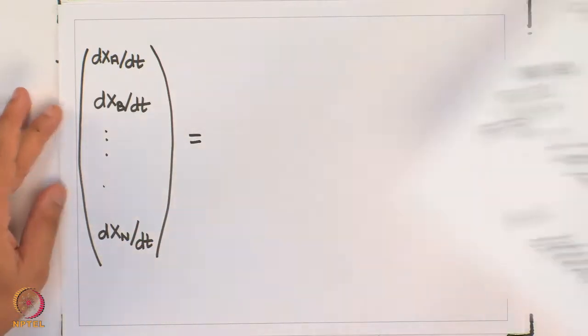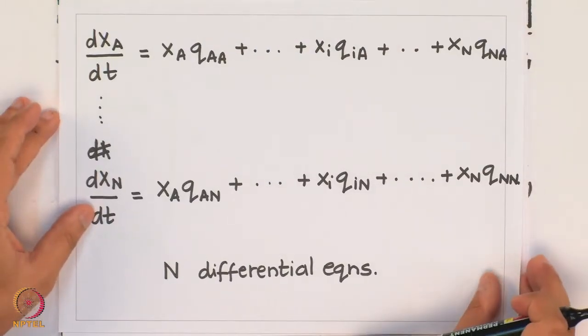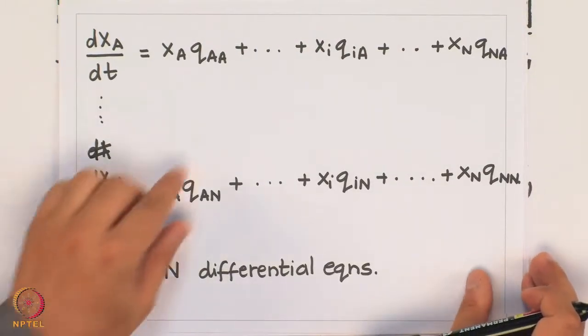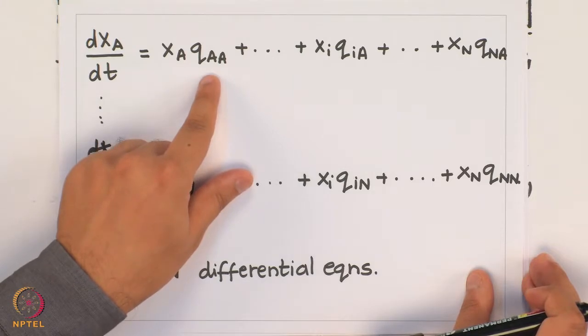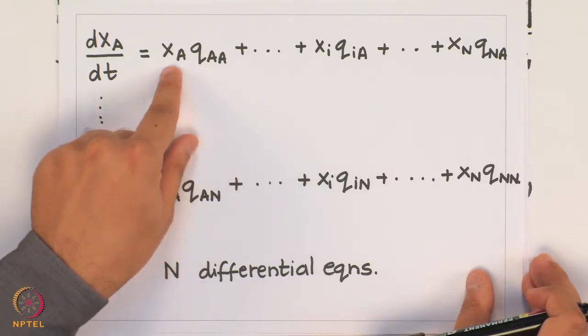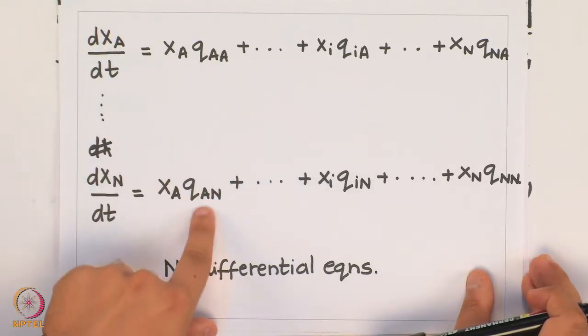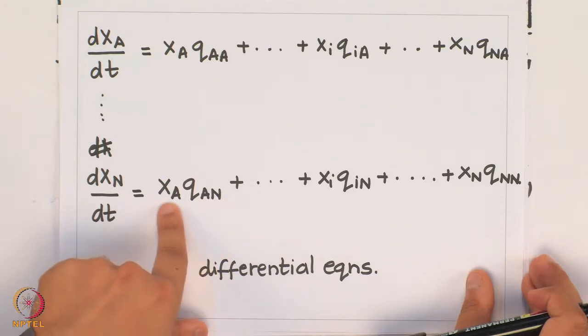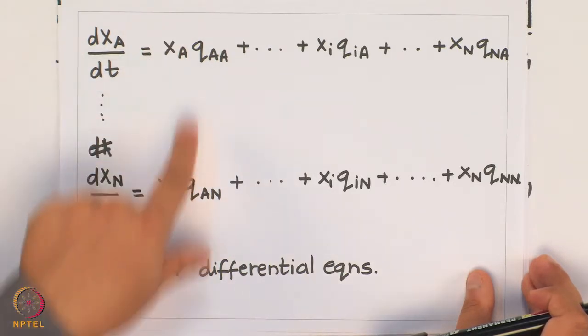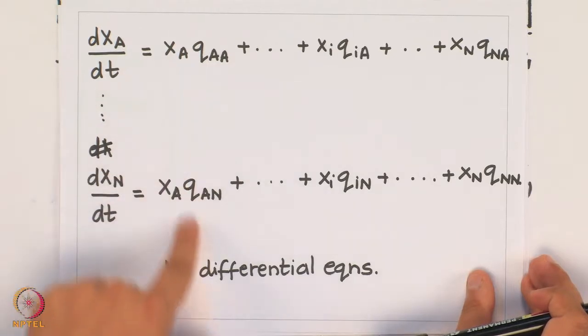What's on the right hand side? Let me take a look at my equation. I have a factor QAA multiplying with XA, but I also have a factor QAN multiplying with XA. That's the first entry for every equation.